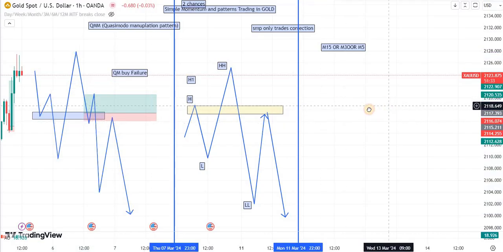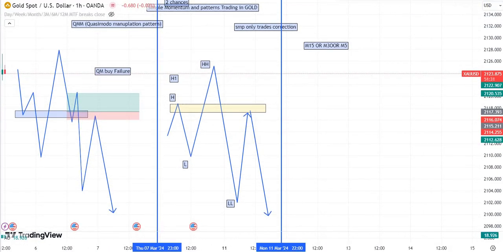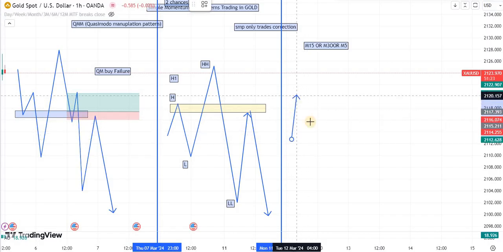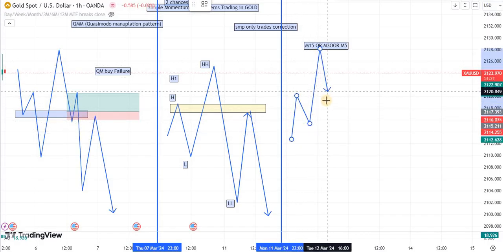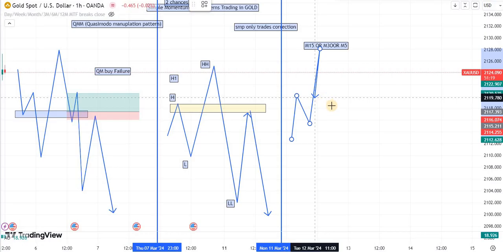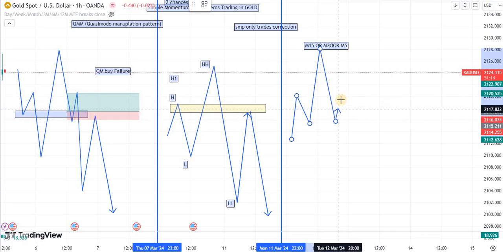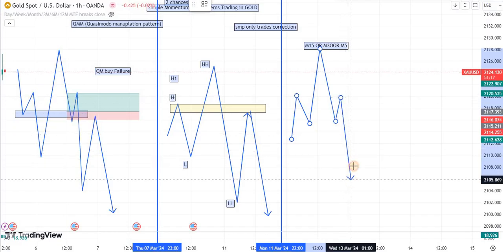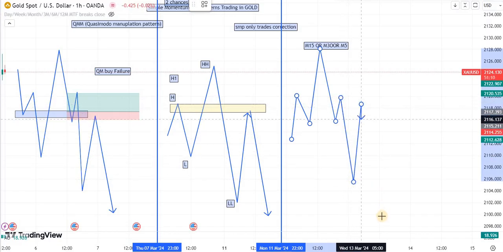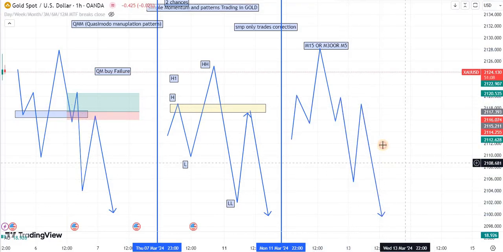Okay, so let's go over here and first see how it mainly works. High, low, high, high again. On this level, if it comes over here, it drops like this. This is the first.